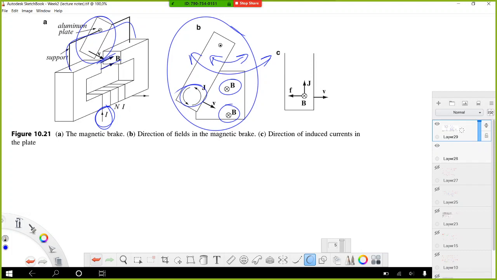Okay, here some current occurs, and this current in turn generates another magnetic field, and the flux of this magnetic field opposes the magnetic field due to this current.